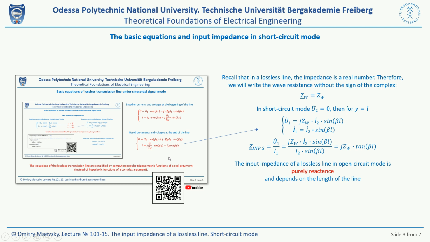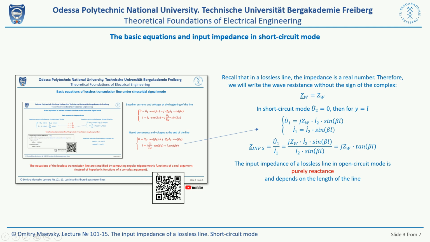You recall that the fundamental equations are significantly simplified in the case of a lossless transmission line. Specifically, instead of hyperbolic functions with complex arguments, the equations now contain simple trigonometric functions of real arguments. We discussed this in lecture 13, which you can review at this link.